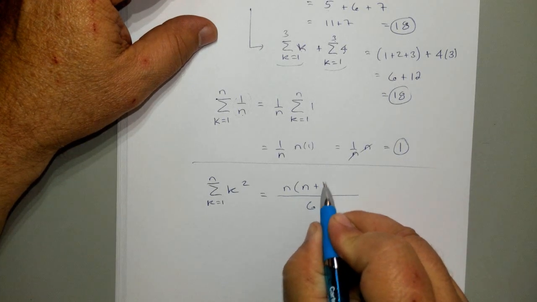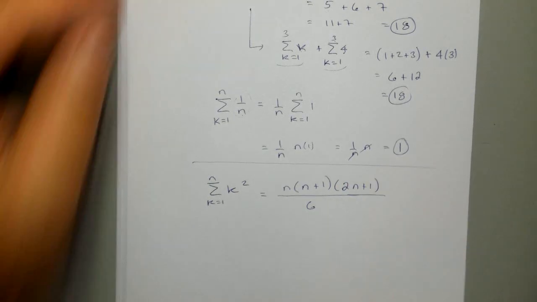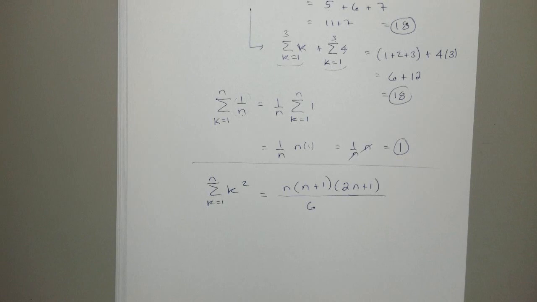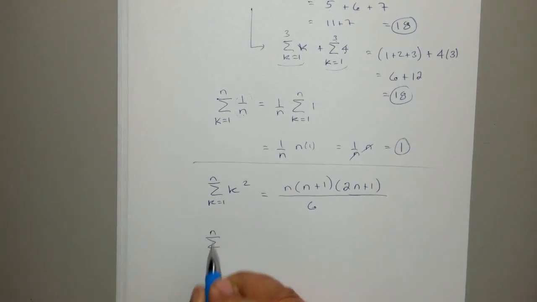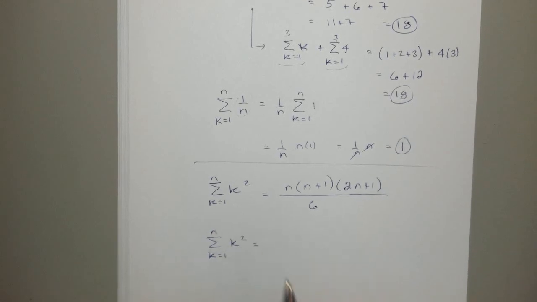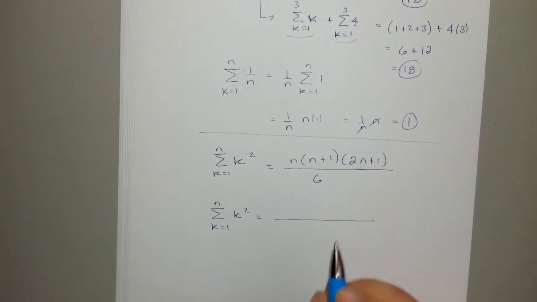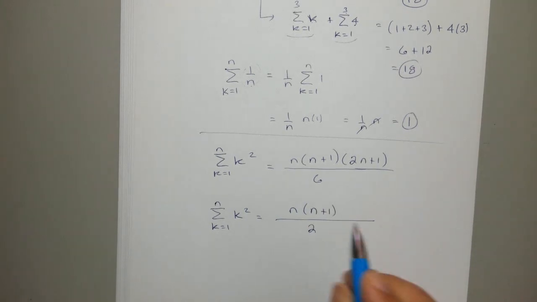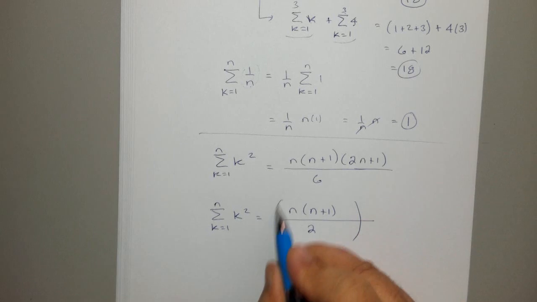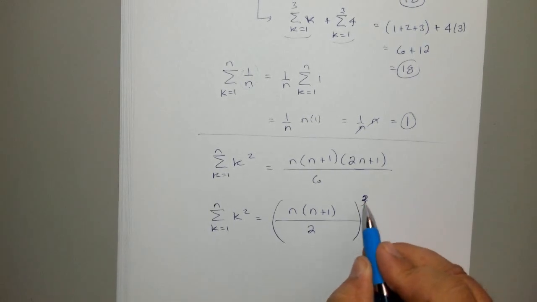For squares, it's n times n plus 1 times 2n plus 1, over 6. Likewise for cubic functions, it's n times n plus 1 over 2, all of this squared.